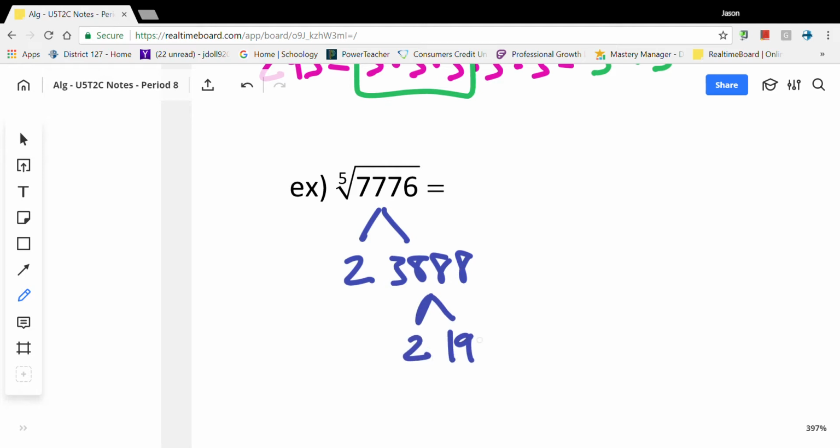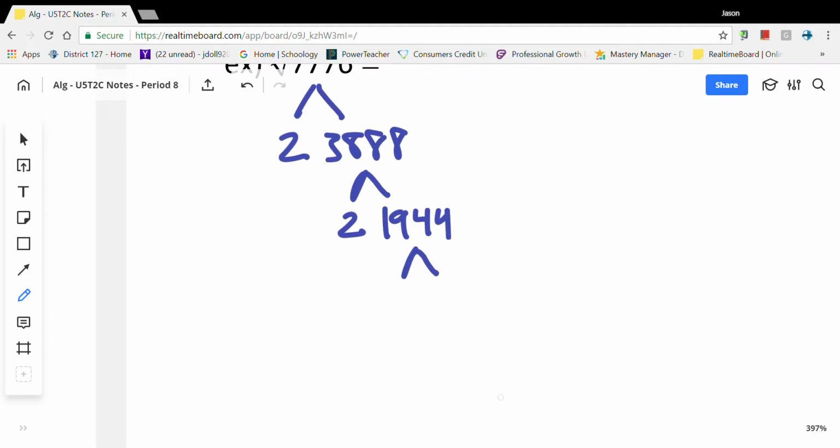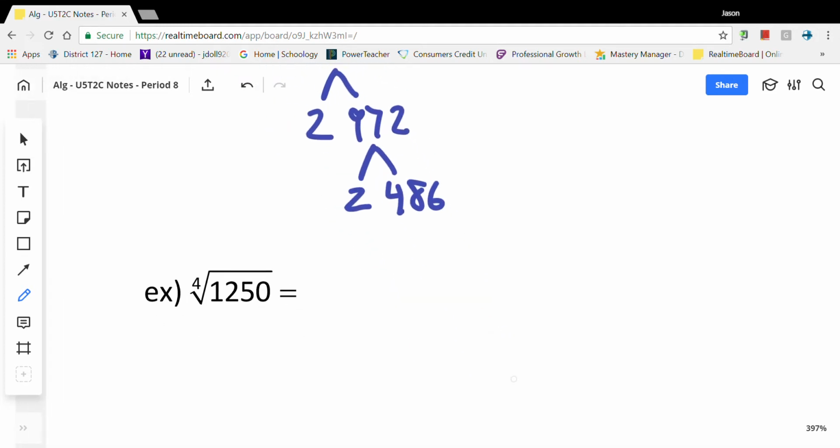That will give me 1944. Once again, I can divide it by 2. 972. I will tell you, we're not going to give you one this long on a test or a quiz. 486 divided by 2, we get 243.